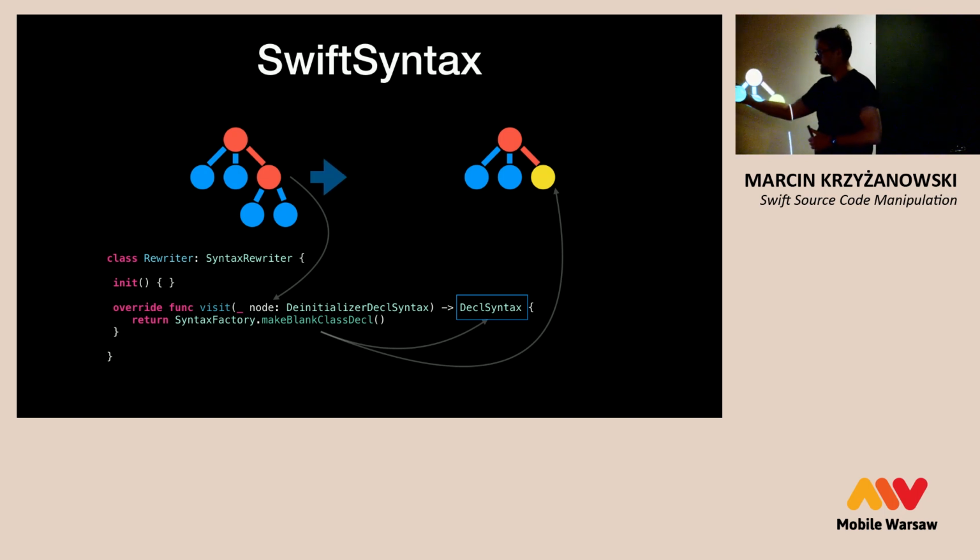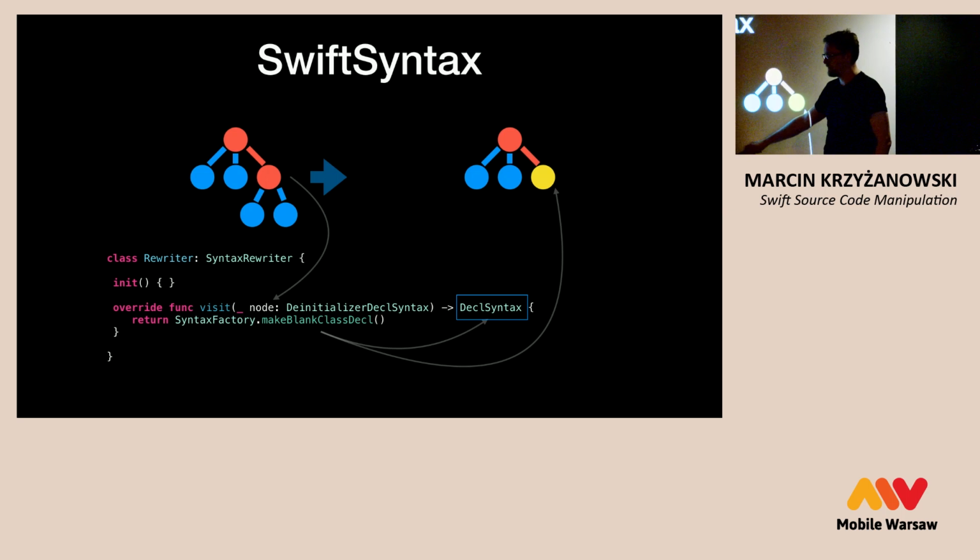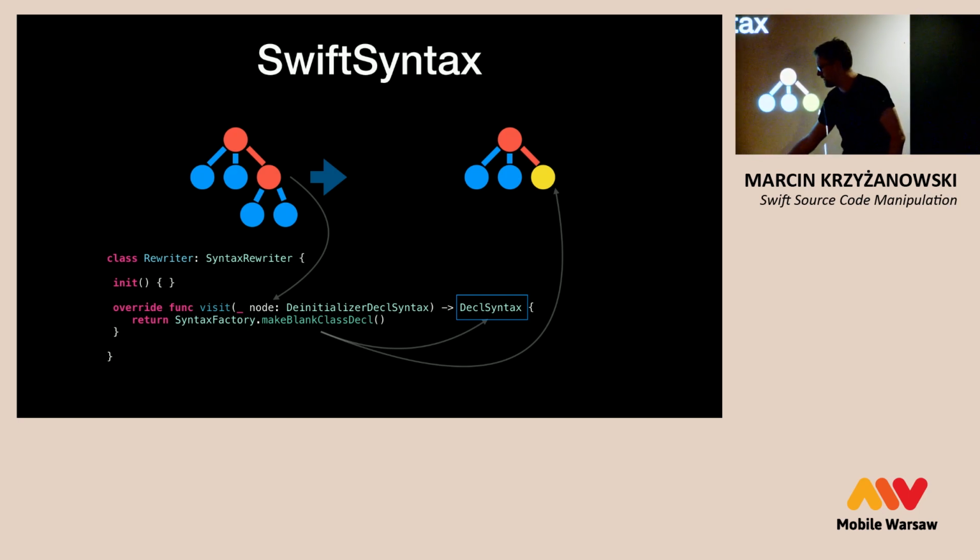We also have the rewriters, which are built on a visitor pattern as well, that allow us to rewrite the tree as we go. So here, in this example, I have a rewriter that inherits from syntax rewriter, and I implement just one method. Whenever I visit the initializer, return some nonsense, basically a blank class declaration, right?